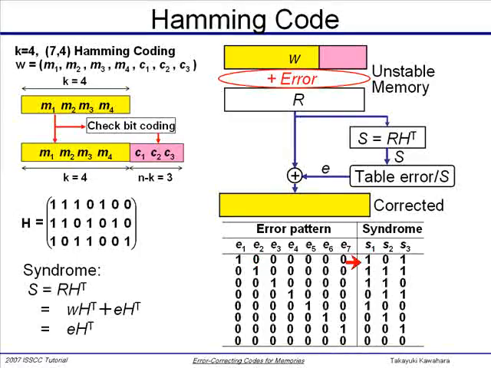And so on. If E5 has the error, the syndrome is 100. That's why we use this syndrome table. We can find out which bit is in error. Then we take the summation of the error bit and the readout data, and we can calculate the corrected data.